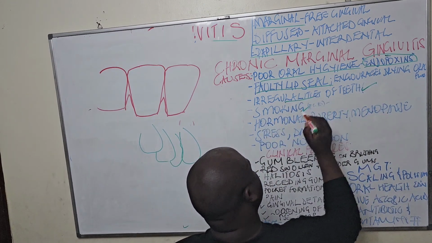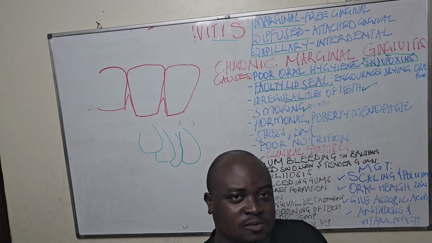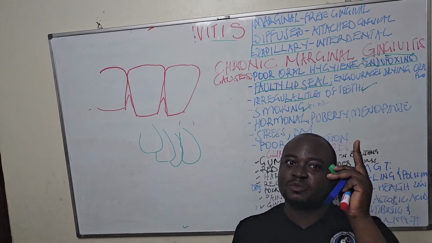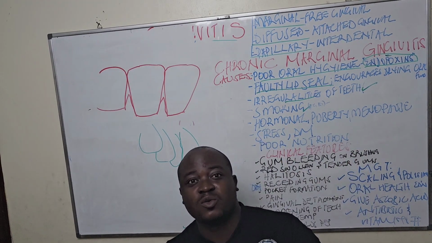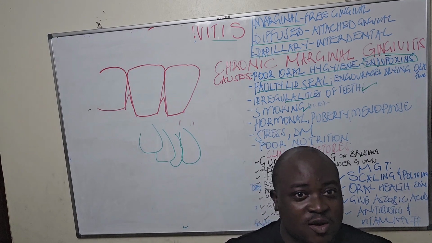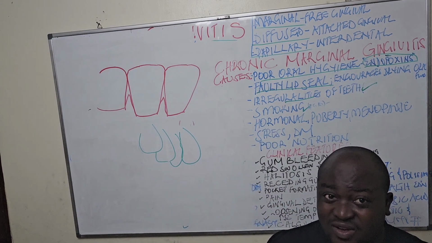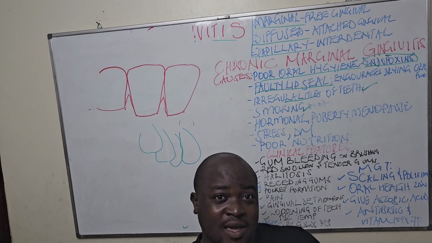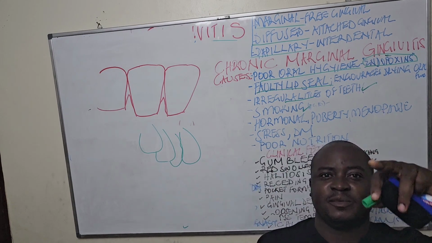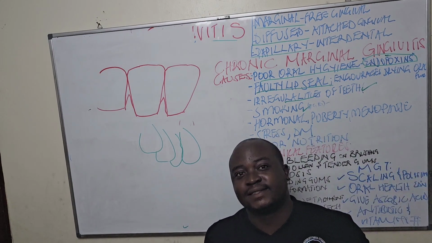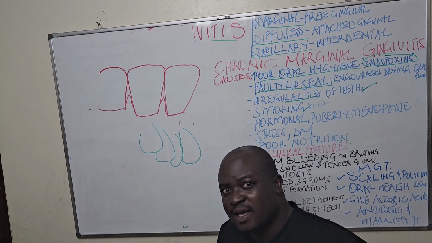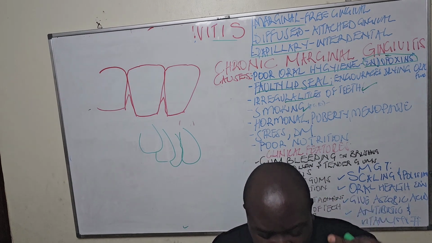We have smoking. I don't know how many advantages we have in smoking, but smoking is dangerous in the body, not only to the lungs, and smoking is always not encouraged.